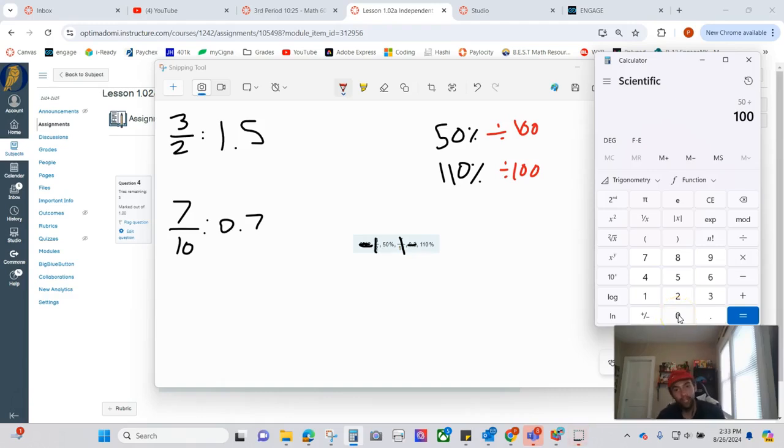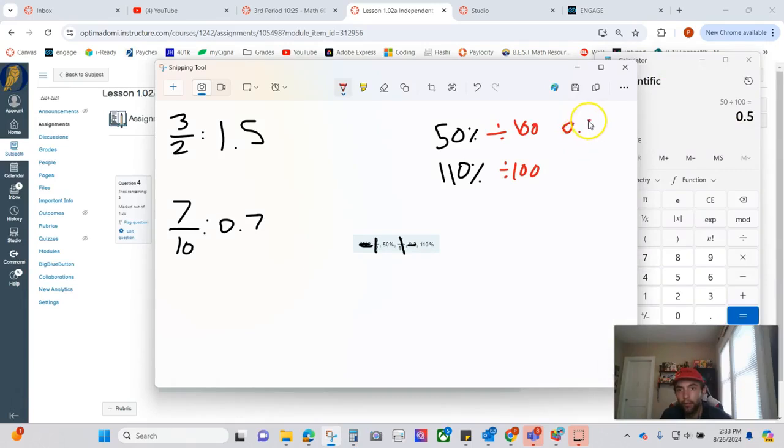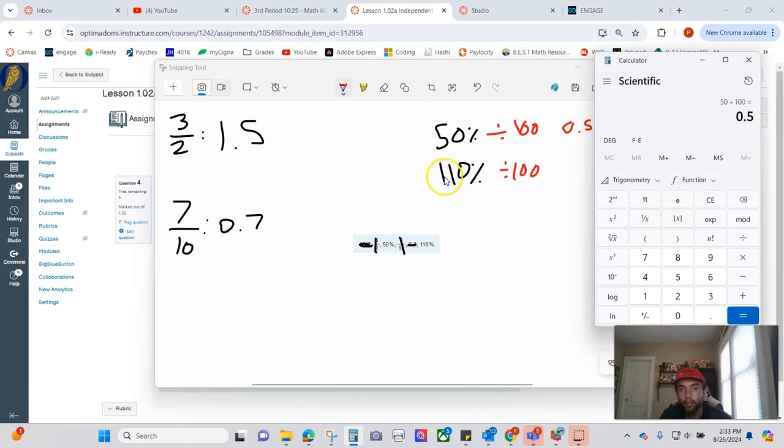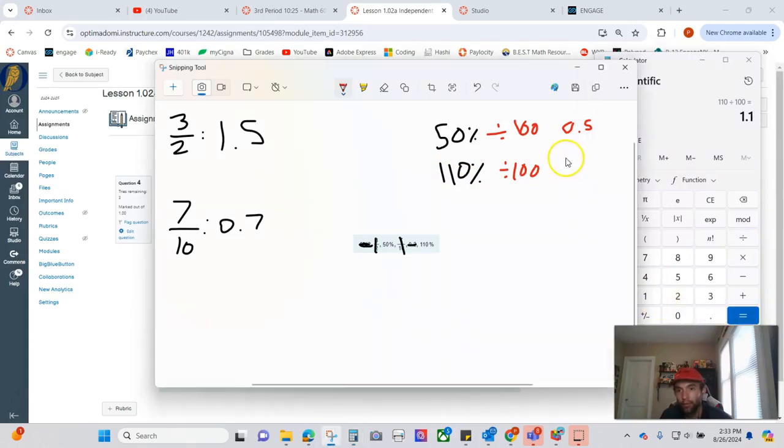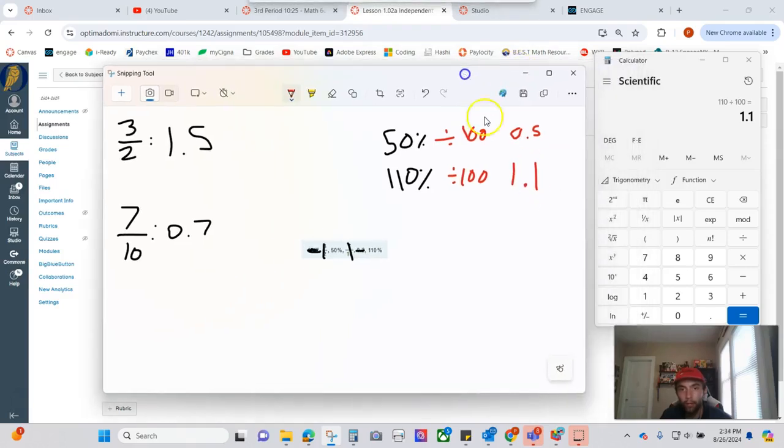If you type 50% divided by 100, you'll get a different answer. We don't use the percent button a lot. So just type 50, then divided by 100, 0.5. Okay, that number makes sense. That number is reasonable. 110 divided by 100 is 1.1. That answer seems reasonable. Seems like something that would go on my number line.